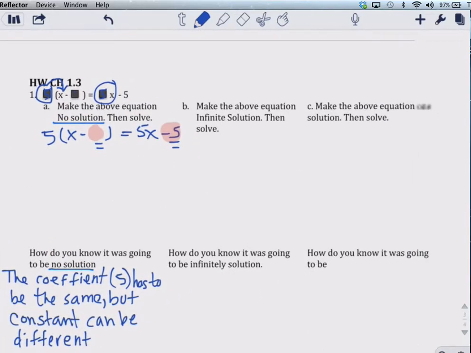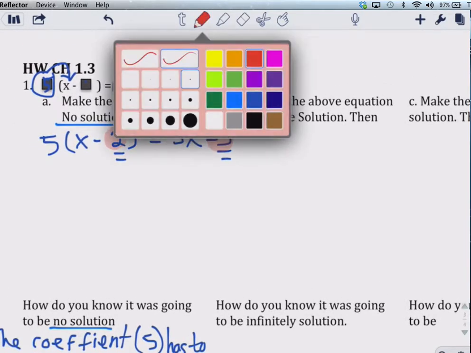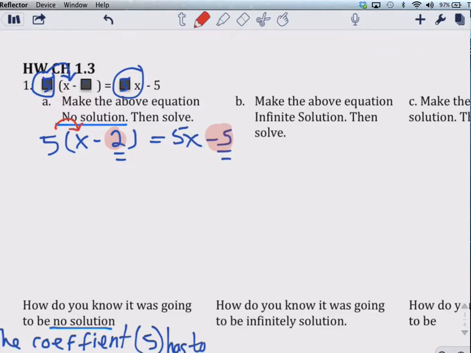So here, I can put anything here. Let's say 2. So when I distribute, you will notice that's 5x minus 10 equals 5x minus 5. If you noticed, the constants are different, but the coefficients are the same.